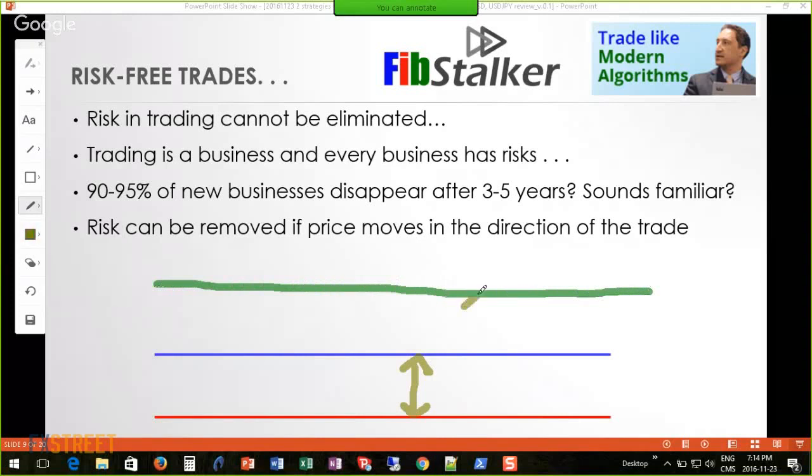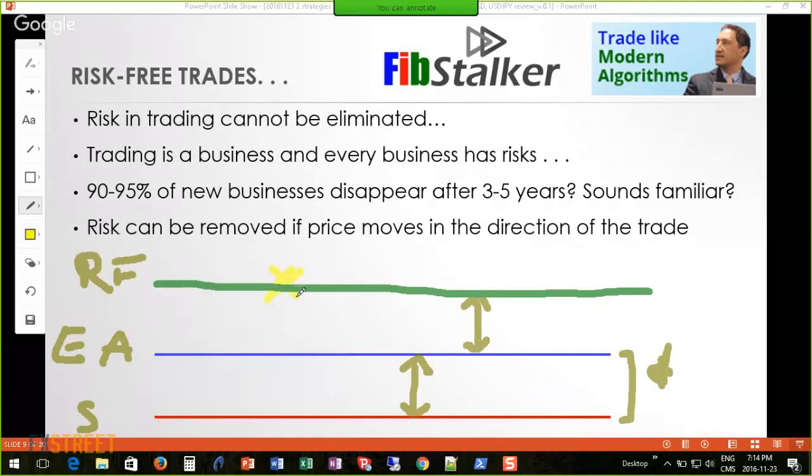This level is unique, and it's calculated very simply. Setting aside any spread and any other consideration, if we add this distance D in pips to our entry level E, then we get a risk-free level, which is basically the distance between E and S above E. This level is unique, and I call it the risk-free level.